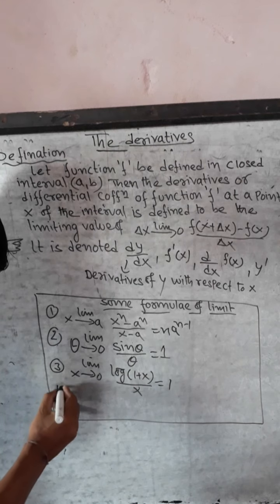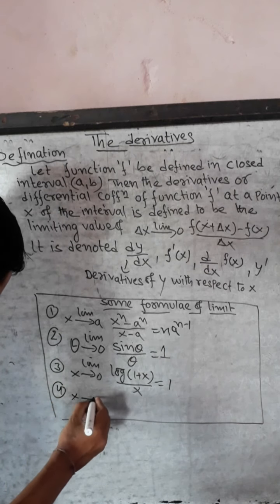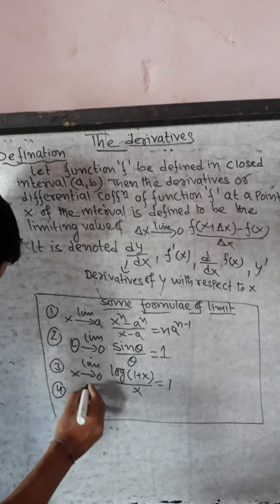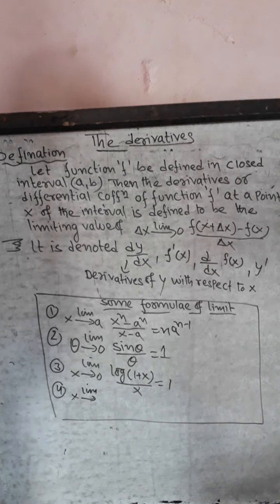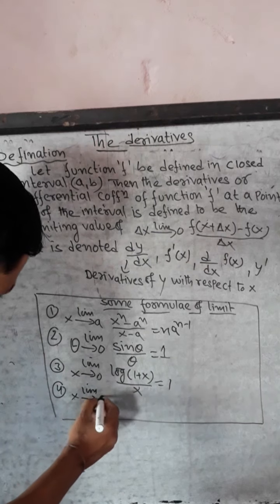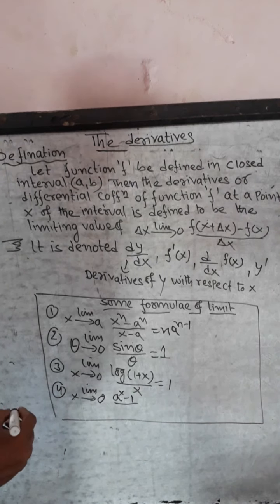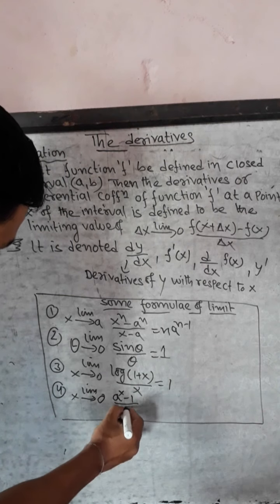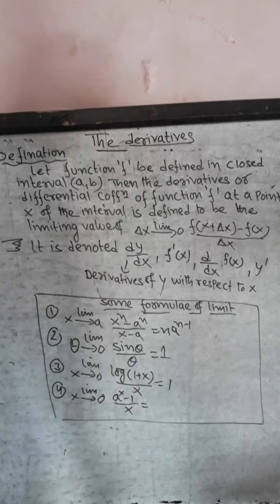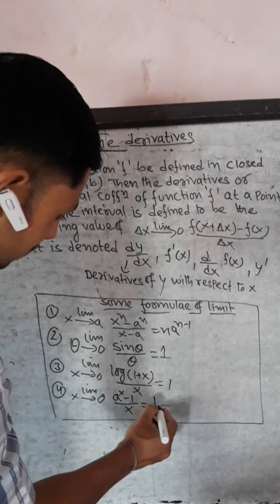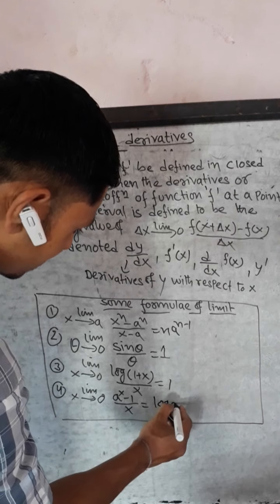Similarly, limit x tends to 0, a to the power x minus 1 divided by x. Then its value will be equal to log a.